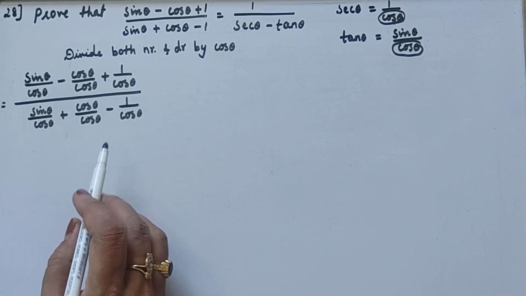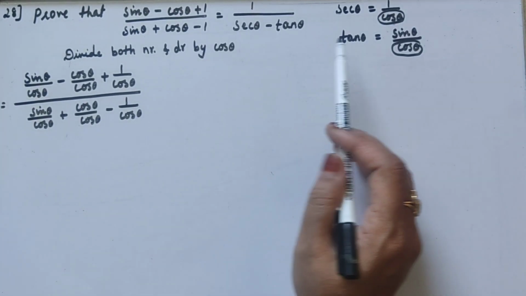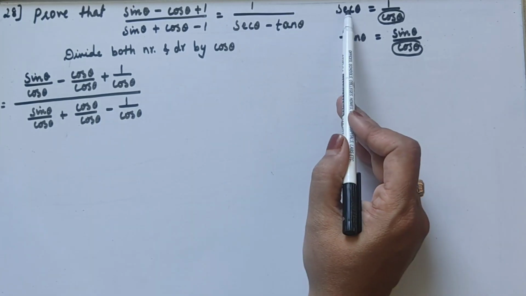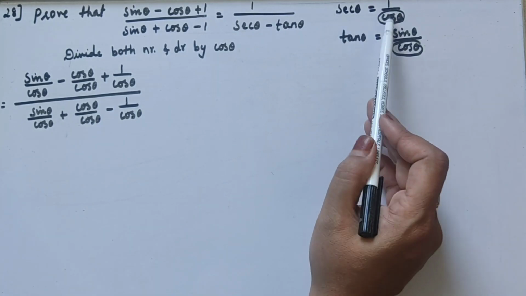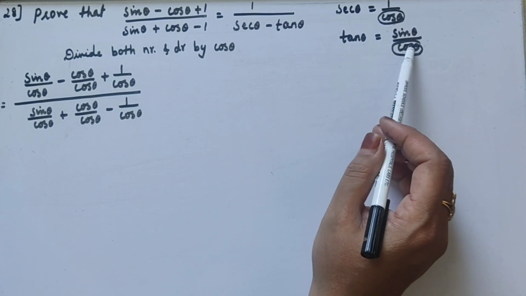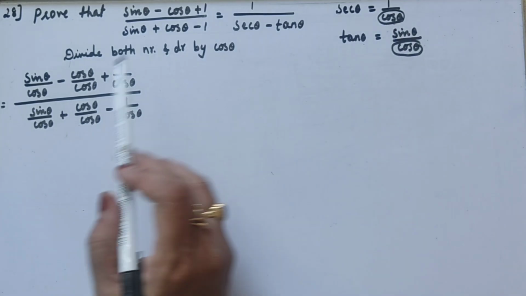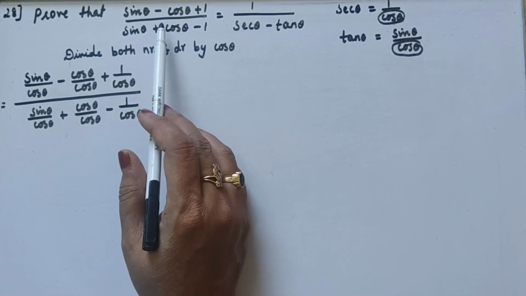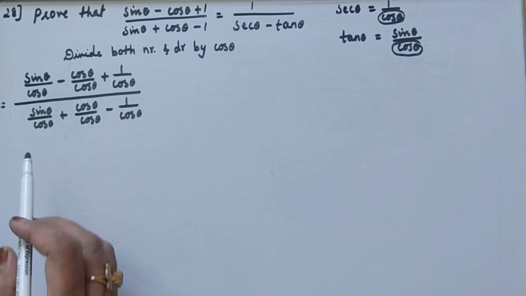Okay, now first what we have done, as you can see, secant theta is nothing but 1 by cos, tan theta is sin by cos. Both have the denominator cos. So let me divide our LHS by cos theta.